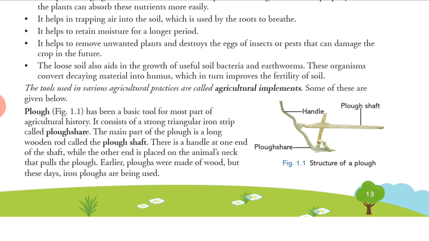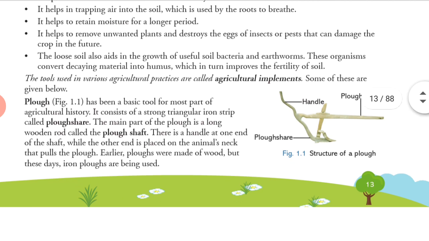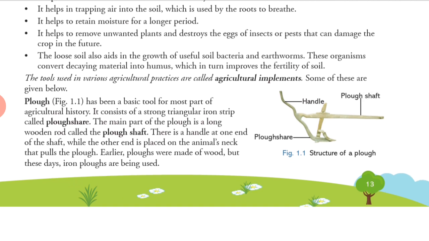Plow shaft, you can see in the figure. There is a handle at one end of the shaft. You can also see that handle, while the other end is placed on the animal's neck that pulls the plow. Earlier plows were made of wood, but these days iron plows are being used.